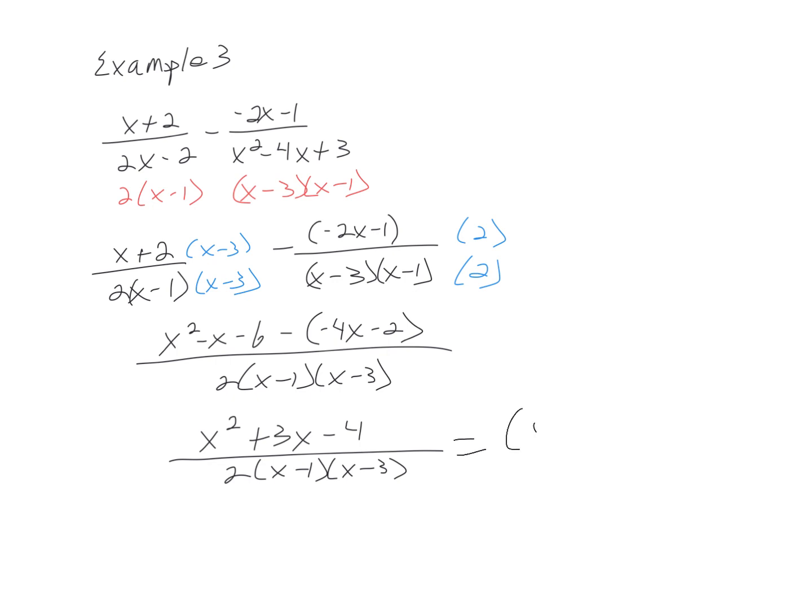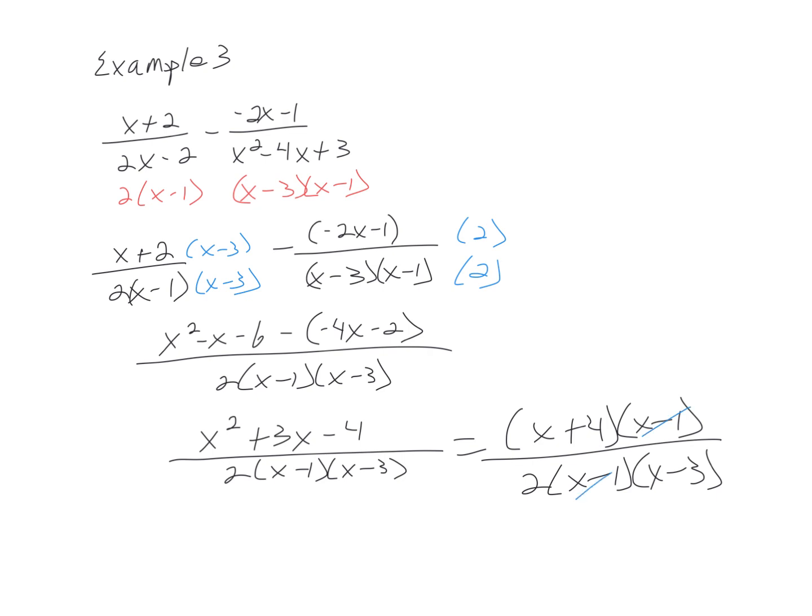So if we rewrote the numerator as x plus 4 times x minus 1, and then all of that is over 2 times x minus 1 times x minus 3, you can see that we have a common factor of x minus 1 that will factor out.